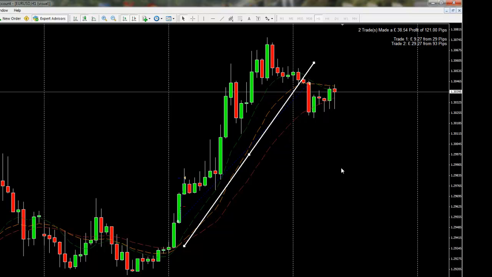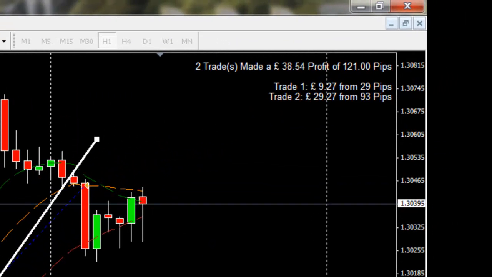If we look at the actual trade information up here, the first trade locked out 29 pips. That was at our break-even point, so hopefully we wanted 30 pips, but we got 29 because of slippage. The second trade closed out at 93 pips, so we made 121 pips between the two trades there.